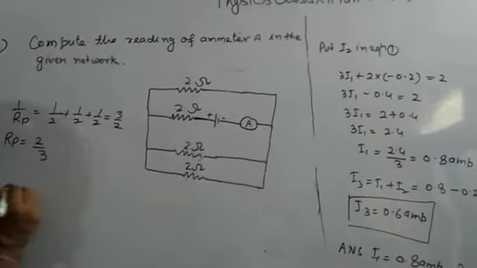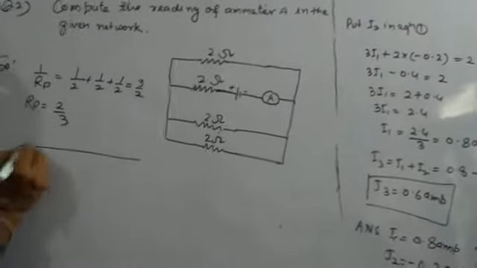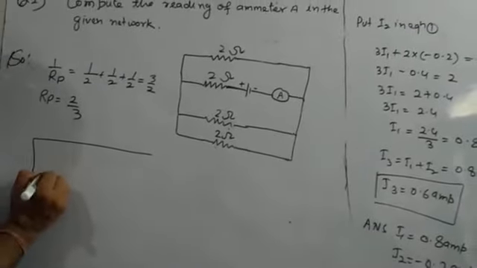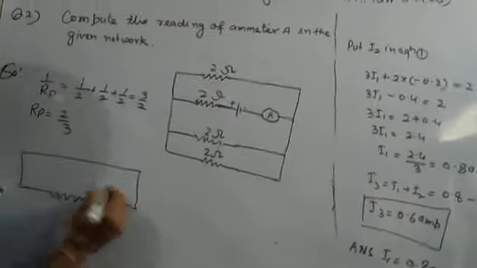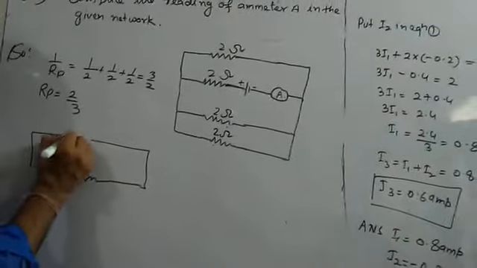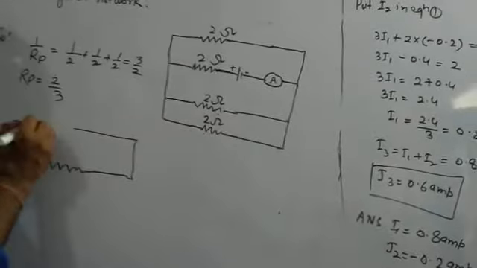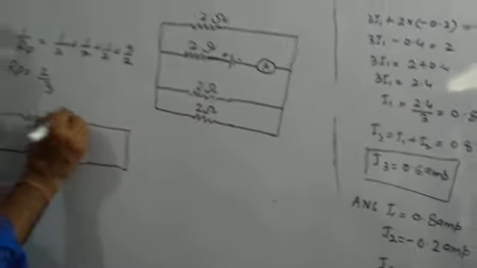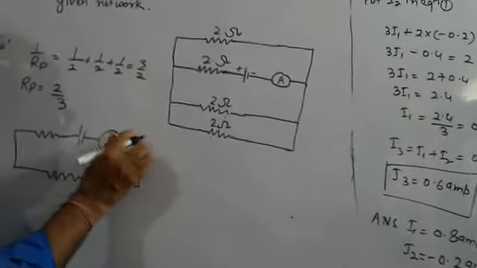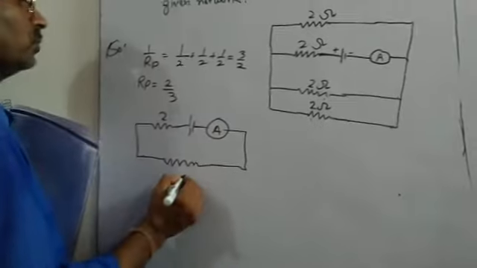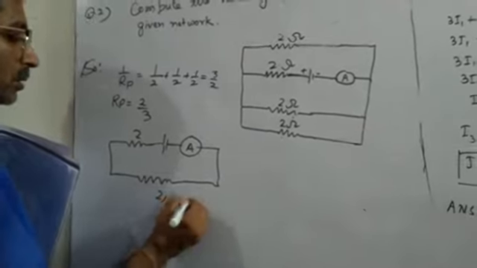Therefore, after this we get a new circuit with this 2 by 3 ohm.